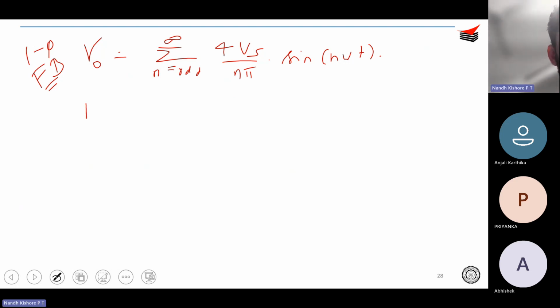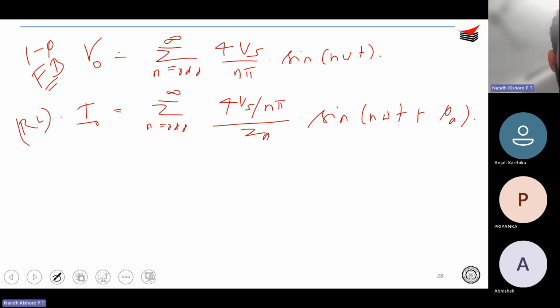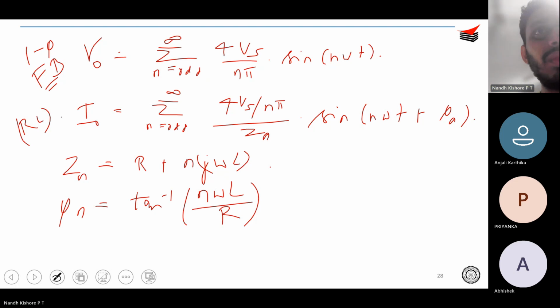And I naught will be sigma n equal to odd to infinity, if you have RL load, 4 Vs by n pi over Zn into sine n omega t plus phi n, where Zn is the equivalent impedance at that particular harmonic, so R plus n times j omega L. And phi is the lagging angle, which is tan inverse n omega L by R. N is the harmonic order. Fine.